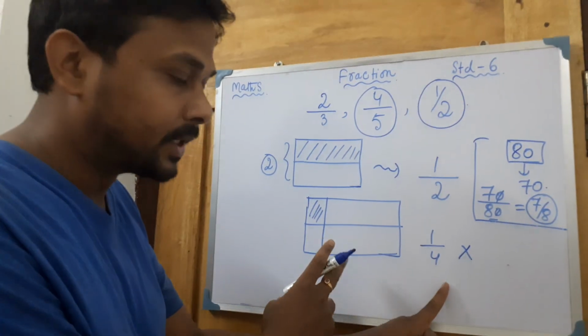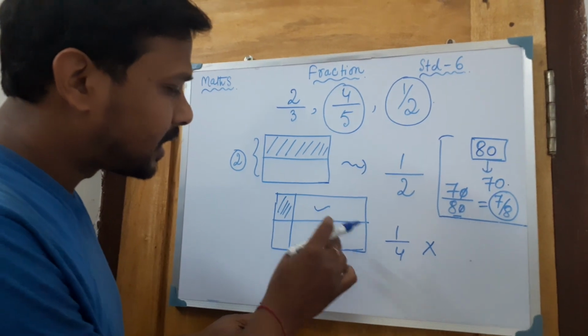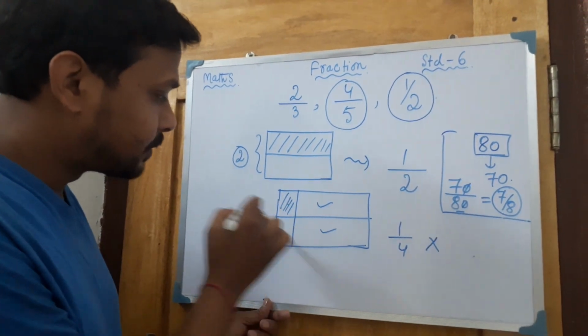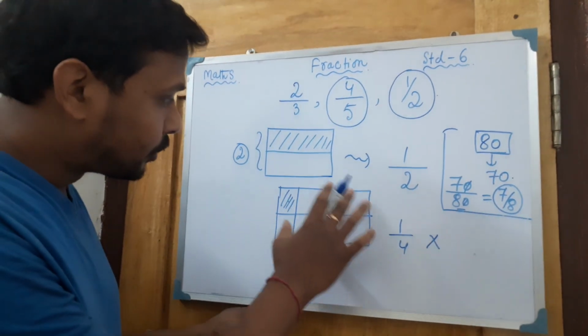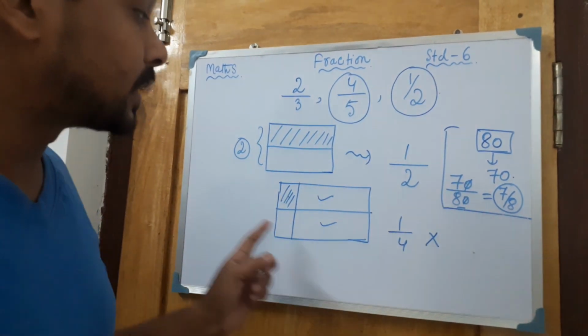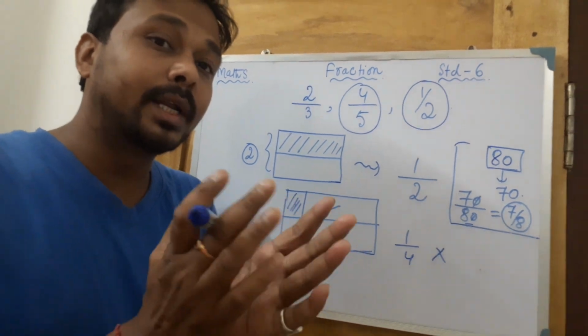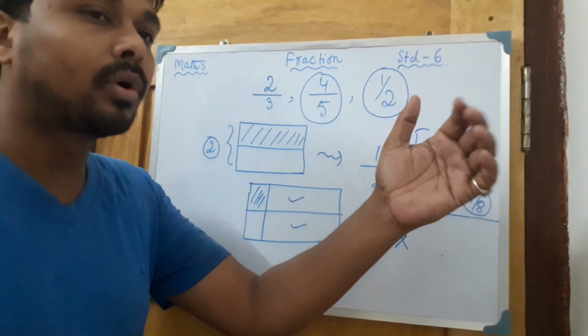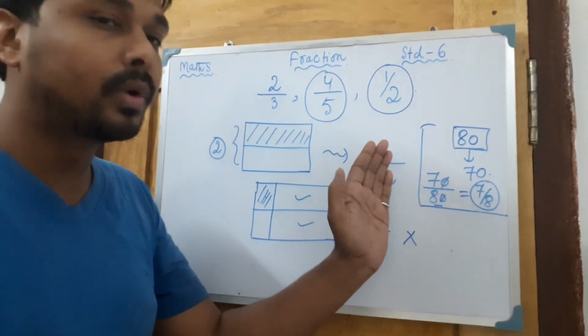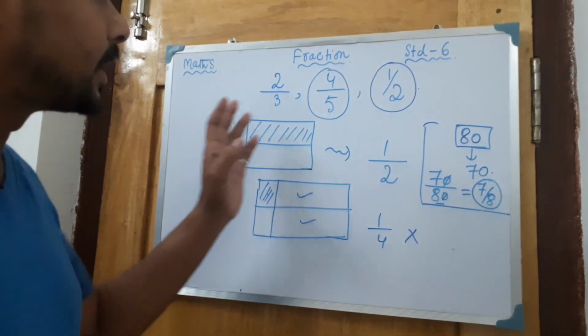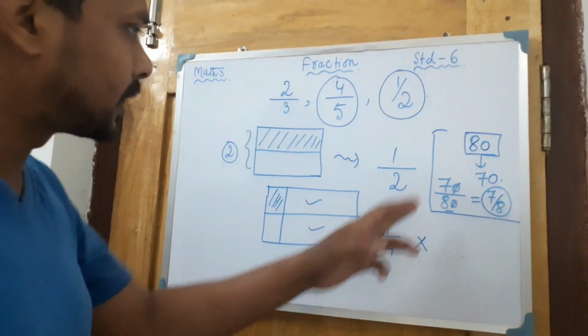This part and this part are almost equal, and this part and this part are also equal, but all 4 parts are not equal. So this concept only comes when you divide anything into 4 or 5 or whatever in equal parts. Clear? So from here the concept of the fraction will come.